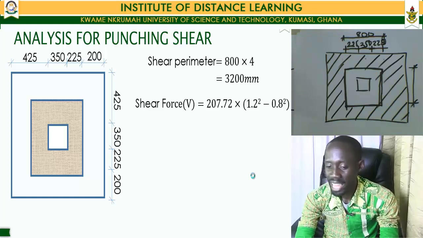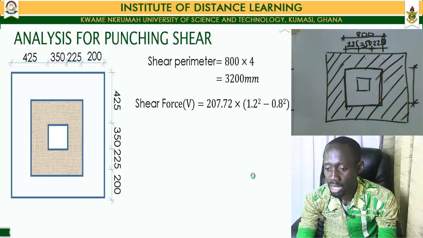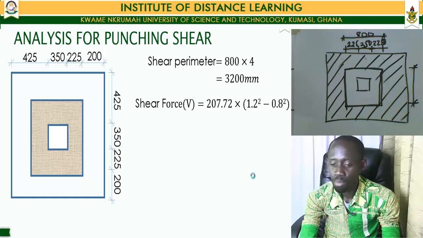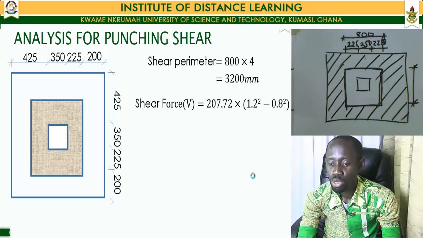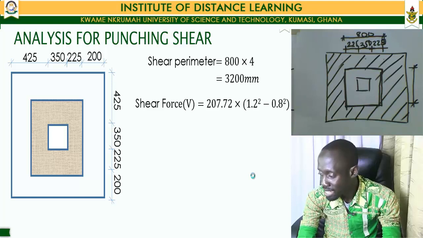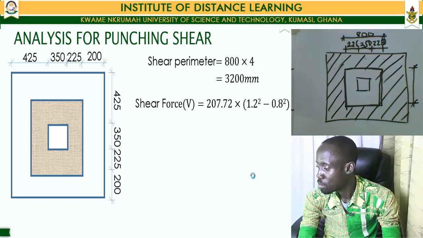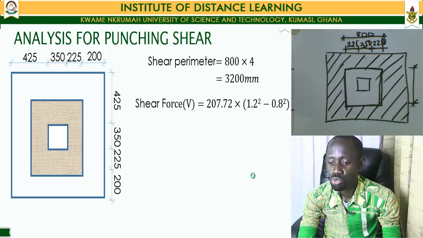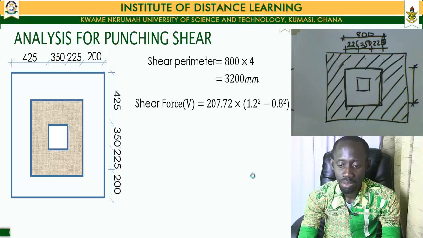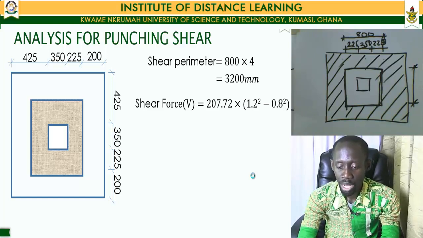Then we subtract the area of our shear perimeter from that total area. So we'll have 1.2 multiplied by 1.2 less 800 multiplied by 800, which gives us 1.2 squared minus 0.8 squared, multiplied by our ultimate design pressure of our pad.